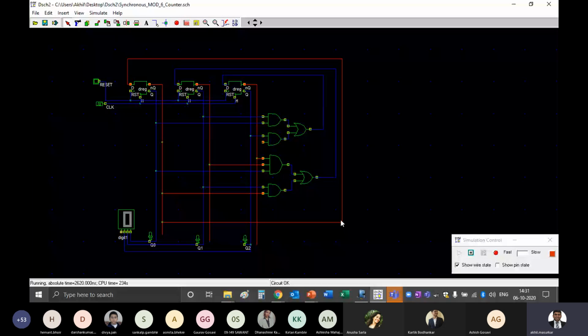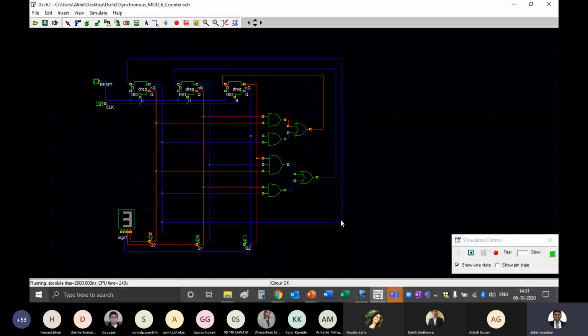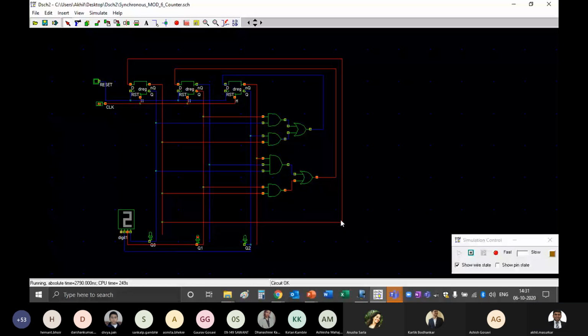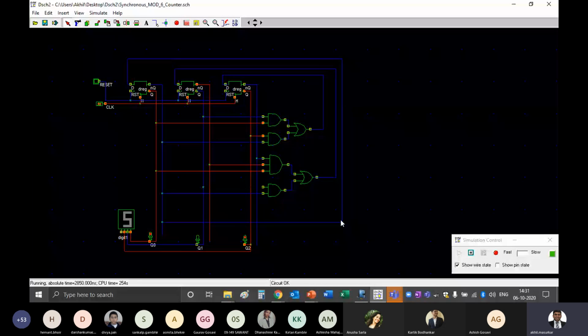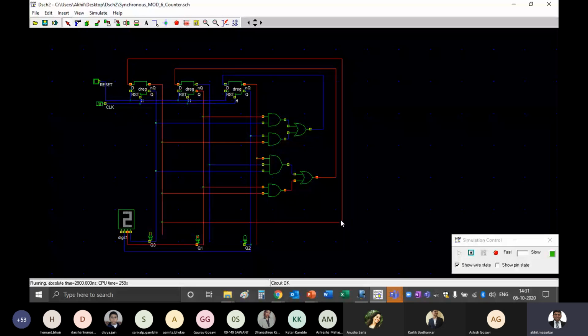So the next state in the lockout-free counter for 6 and 7 can be any one of the valid states from 0 to 5. Not necessarily it has to be 0 only. But generally, if something goes wrong, we would want to count again. So that is something that we want to do.